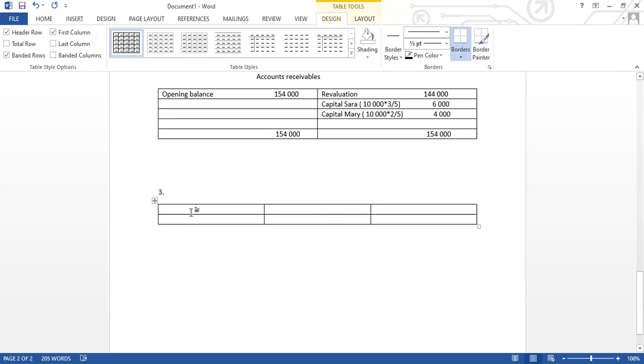Okay, so you say that he contributed 440,000, so you can even say Parker's contribution. So Parker's contribution was how much? 440,000.